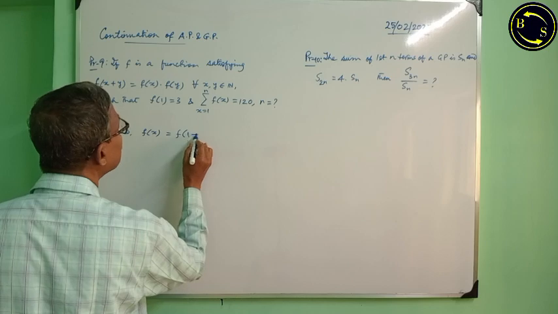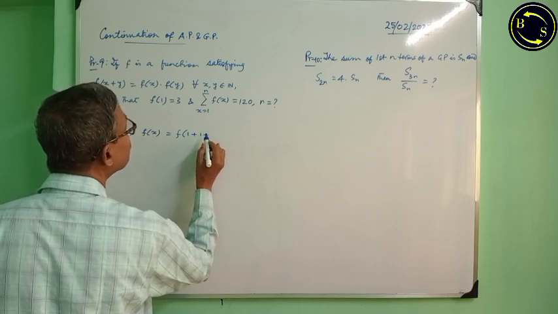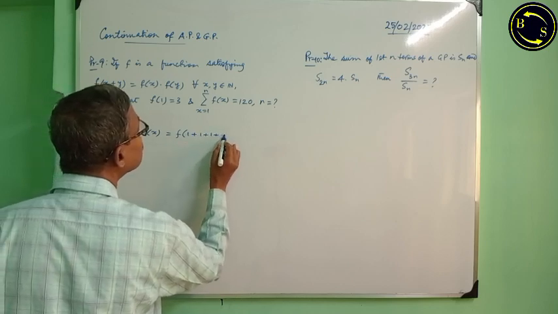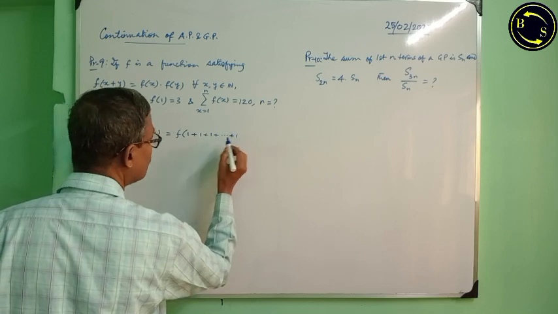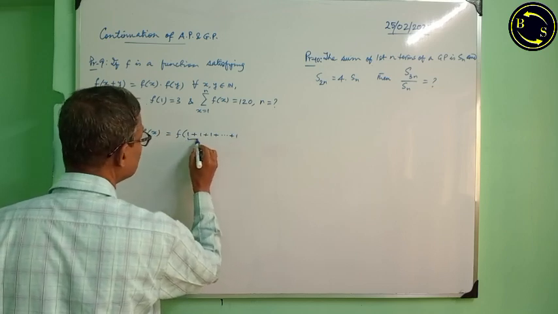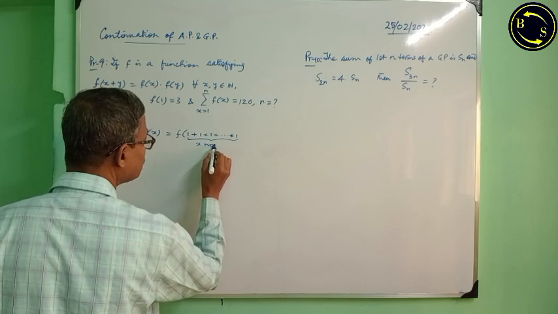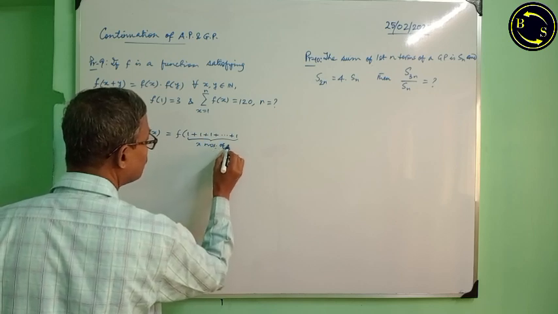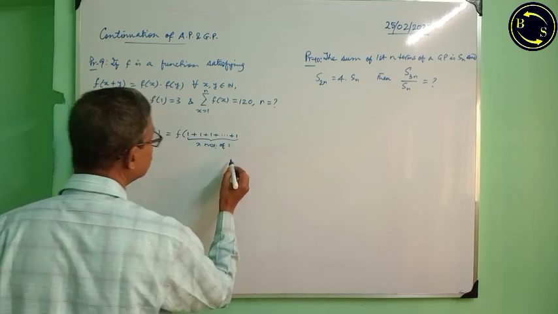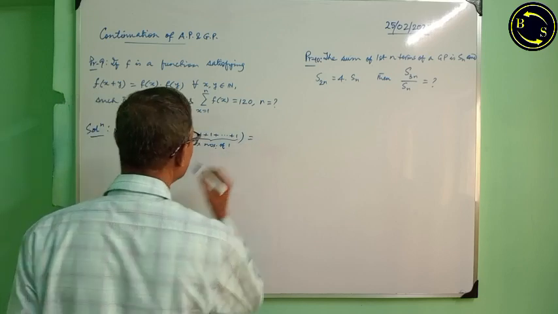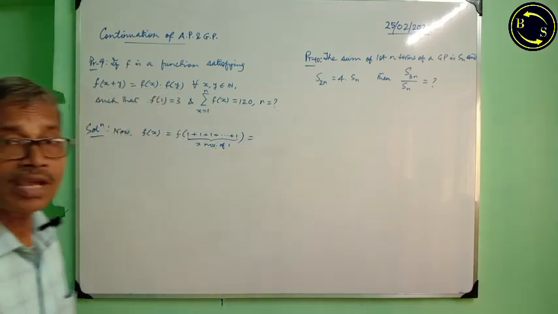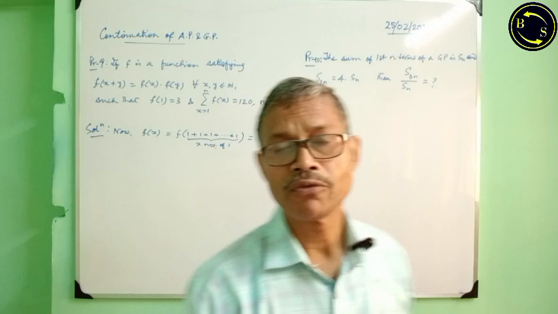1 plus 1 plus 1 plus 1, x numbers of 1. x can be written as the sum of x numbers of 1.